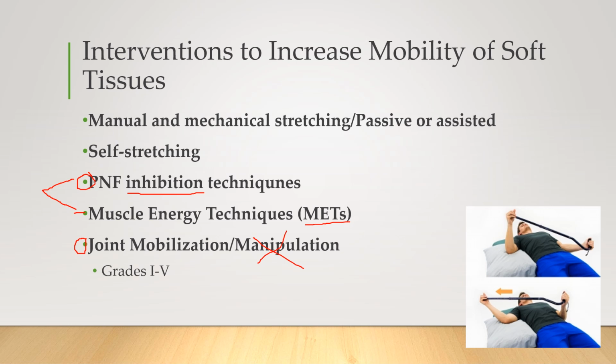Because the APTA's official stance is that PTAs really shouldn't be performing joint mobilizations because in their eyes it requires a constant reevaluation of the patient, and that's outside of our scope of practice. So we're going to learn some joint mobilizations. We're going to talk about the arthrokinematics a lot, but we need to make sure that when we're out in clinic, if we're going to be performing these joint mobs, you feel confident and your supervising PT feels confident in you performing that skill.